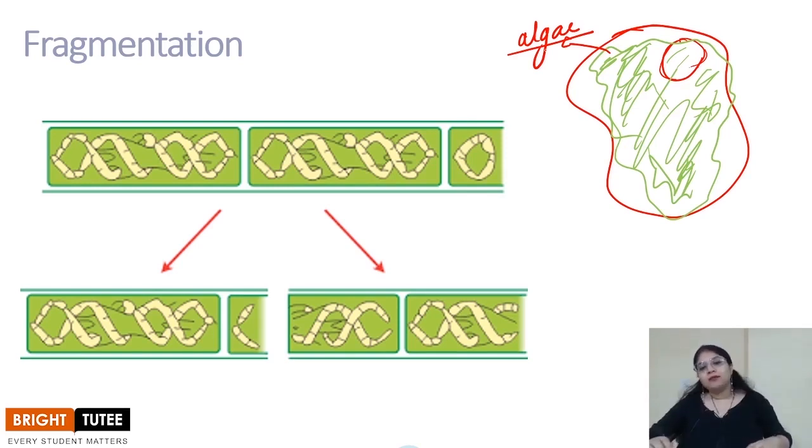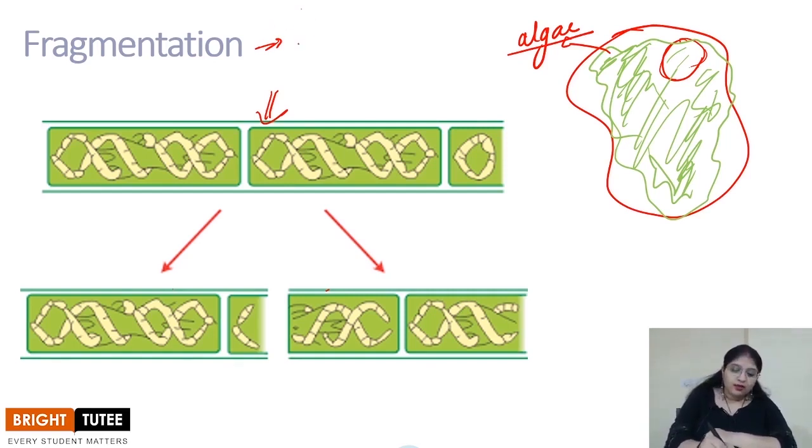In this case, when the algae finds a proper environment, it will break into two parts, right? And it is a very rapid process wherein it breaks into two or more parts, and each part develops into more algae. Then again it breaks into another two or more fragments, and each fragment will start forming new algae. It will start growing, and this is quite a rapid method, right?